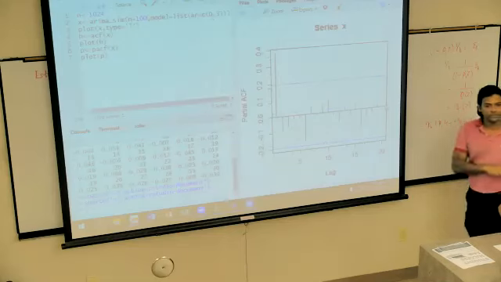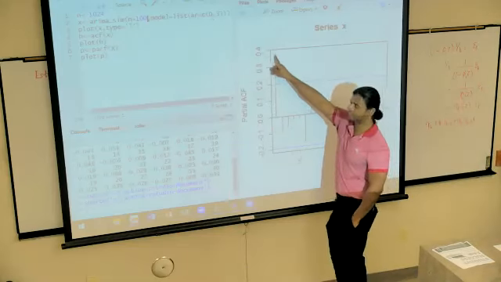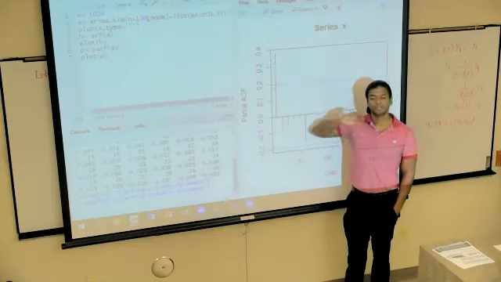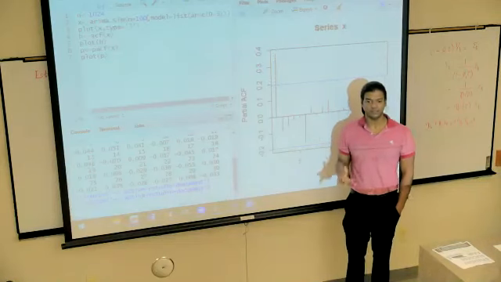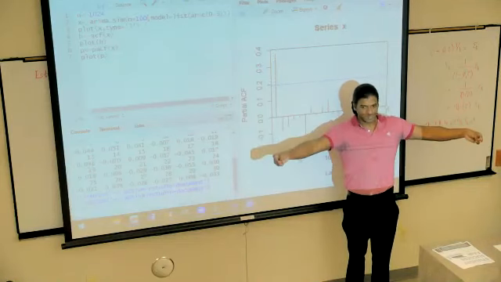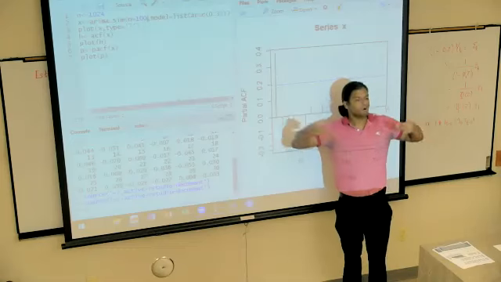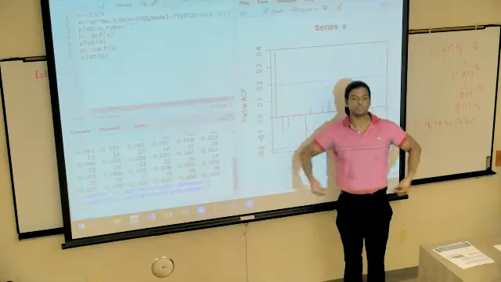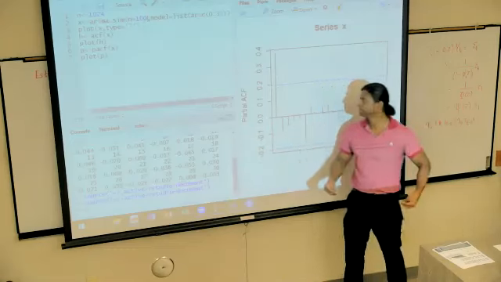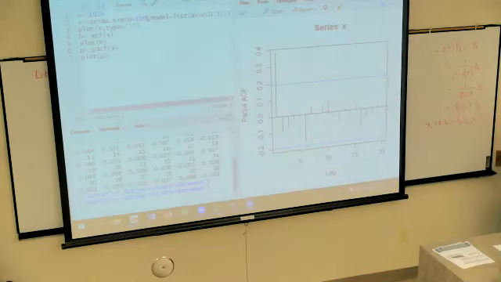So I used 0.3, but the estimate is about 0.4, which makes perfect sense. The longer you observe a time series, the more accurate it is going to be for you to model the data.